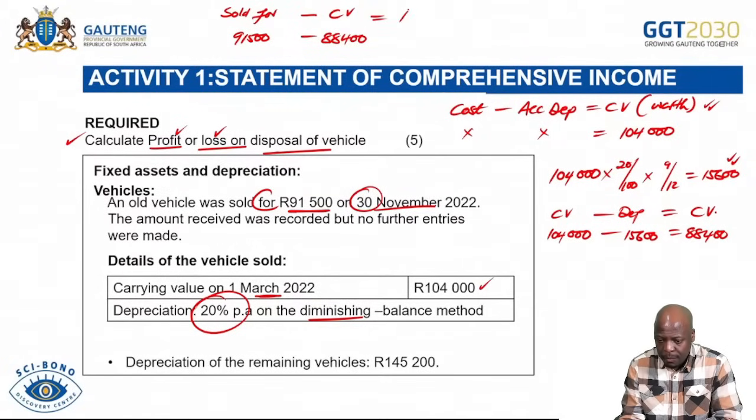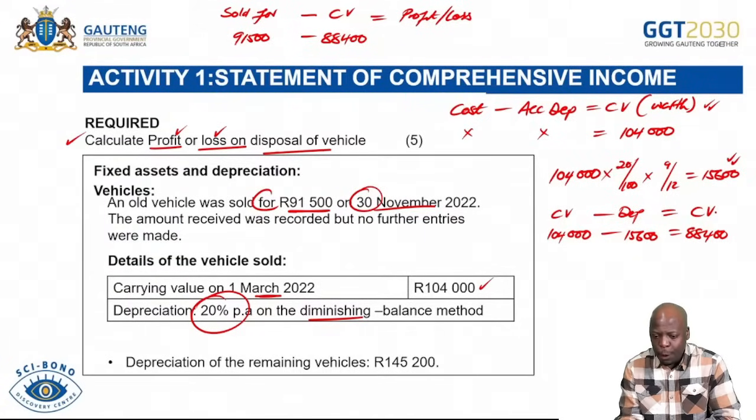It will give us either profit or loss. If you use this method that I'm giving you here, your calculator should be able to tell you whether you made a profit or a loss.